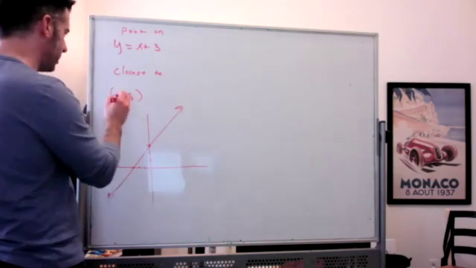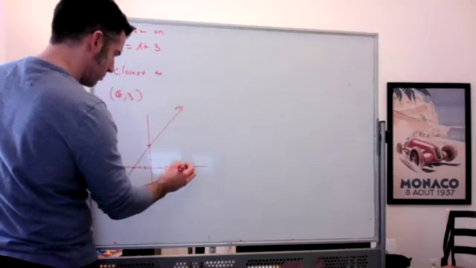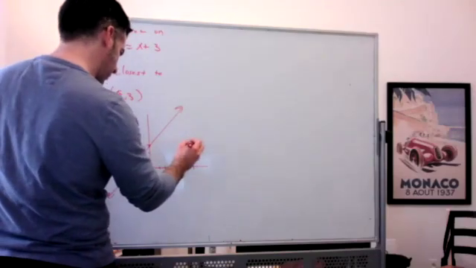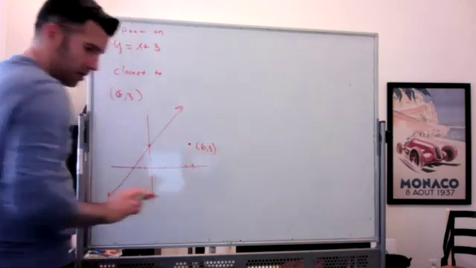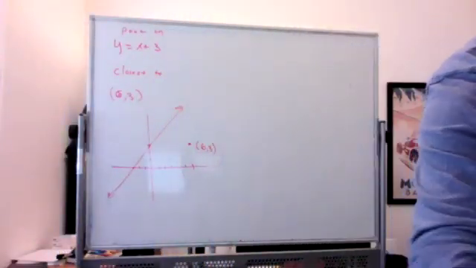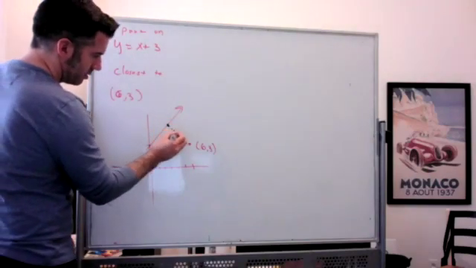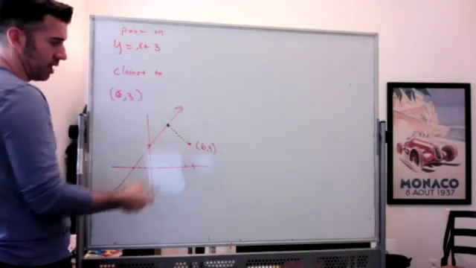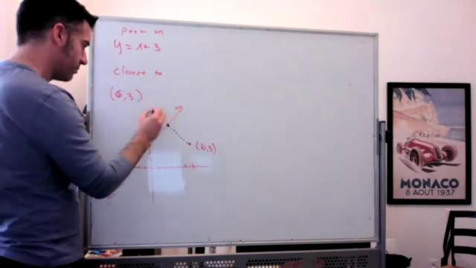And the point 6,3 is like over here. And so I'm trying to find the unknown point on the line, where we don't know what it is yet, but there's some point on this line that is closest to that point there. I don't know this point, so I'm going to call it xy.